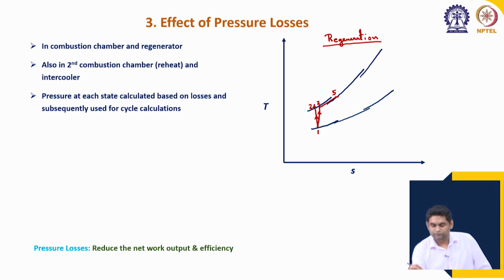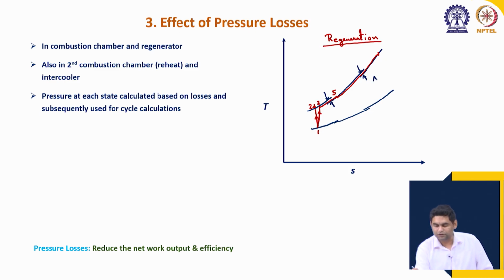Then from 5 we have the inlet at the combustion chamber, and again there is some pressure loss in the combustion chamber which cannot be avoided, and ultimately we will reach a pressure which is slightly lower as compared to the other blue line. So, if I draw the pressures, this is one pressure drop and this is the second pressure drop that occurs in the combustion chamber.